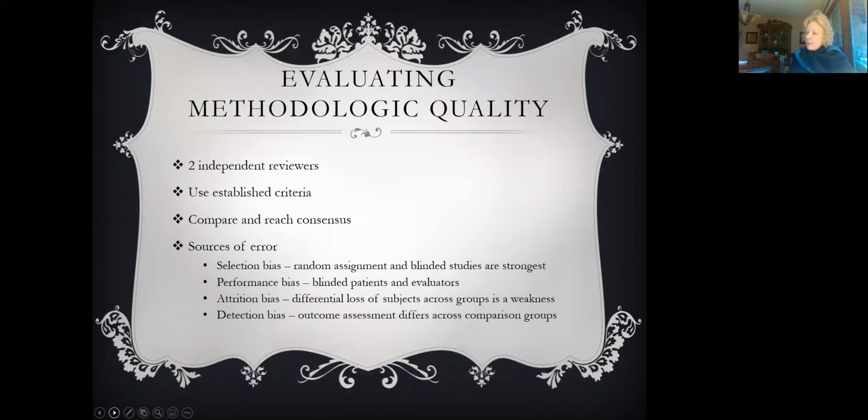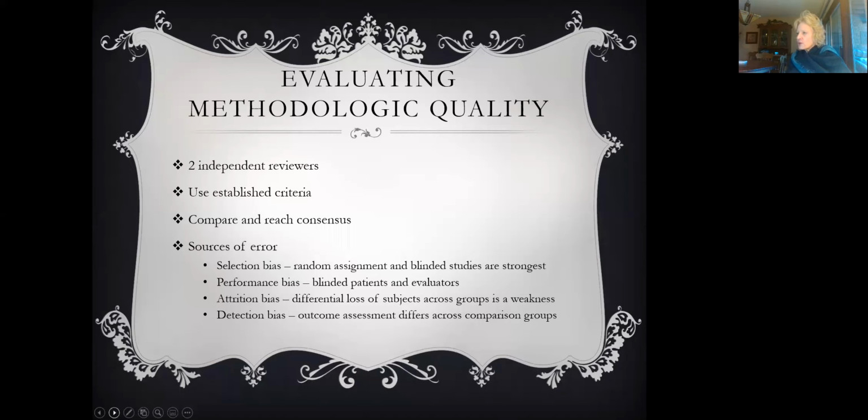So then typically what happens in a systematic review or a meta-analysis is that you have two independent reviewers who evaluate the methodological quality. And again, you've been trained to do that in this class. If two of you get together and go through the articles in the systematic way that you've been taught to critique research in this course, that would be a good way to approach it for a systematic review and/or meta-analysis.